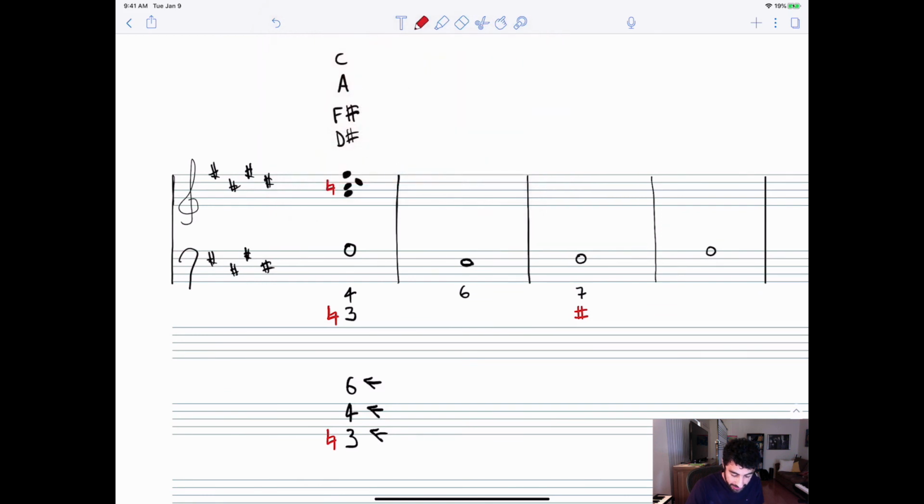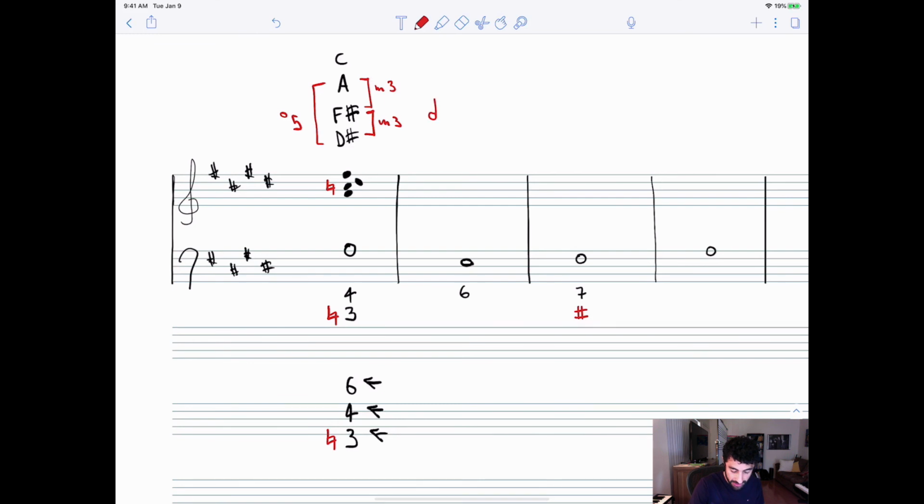Now I can see that from D sharp to F sharp, there's a minor third. From F sharp to A, there's another minor third. And if that is true, then from D sharp to A, there should be a diminished fifth, which is correct. So my triad is a diminished triad.